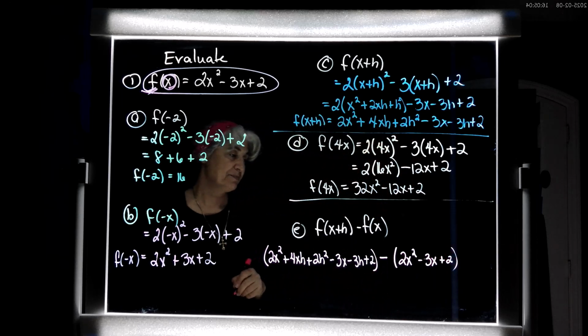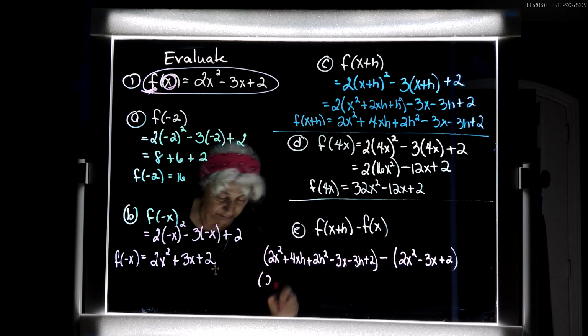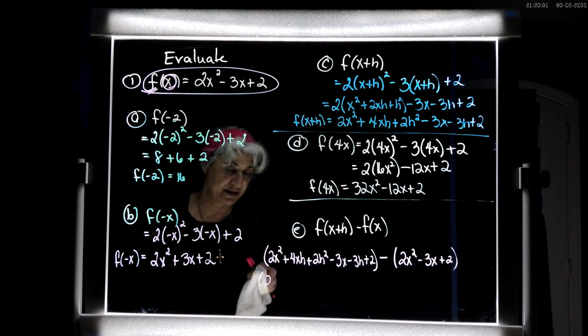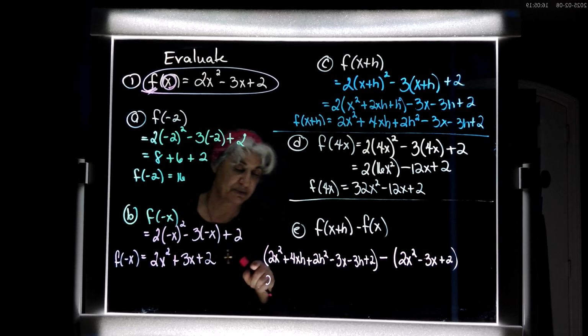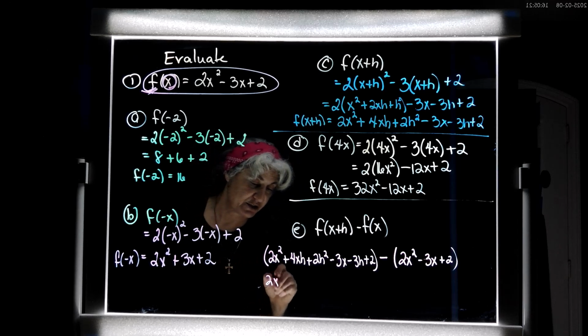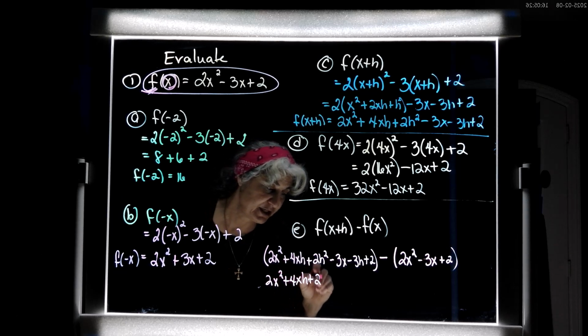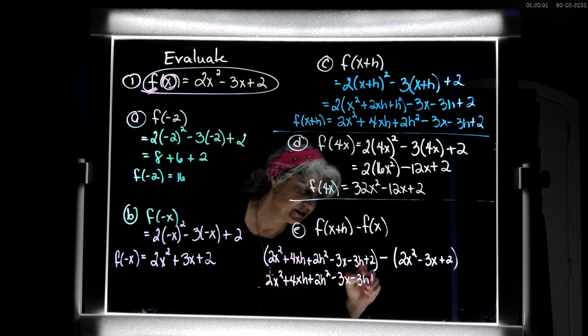Okay. Before I combine anything, I'm going to distribute that minus sign through, which means I do not need this parenthesis anymore since I'm doing a distribution. Because there's a positive here, so this is just going to be 2x squared plus 4xh plus 2h squared. Come on, say it with me. Don't make me say this by myself.